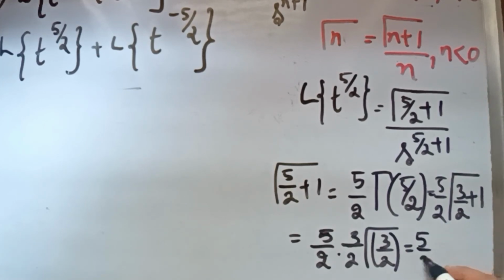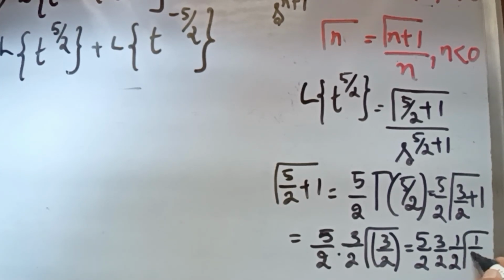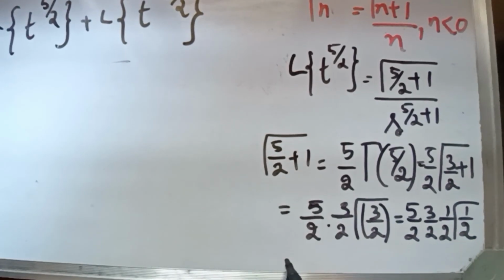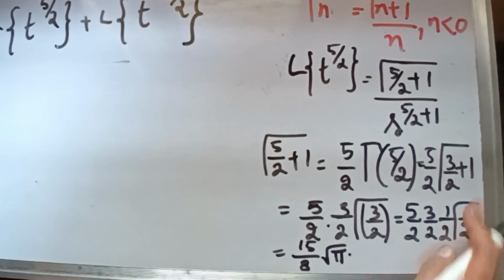So 5 by 2 into 3 by 2 into 1 by 2 into gamma of 1 by 2. Now gamma of 1 by 2 has the value root pi. So 5 times 3 is 15 by 8. So finally the answer is 15 by 8 into square root of pi. This is the value of gamma of 5 by 2 plus 1.